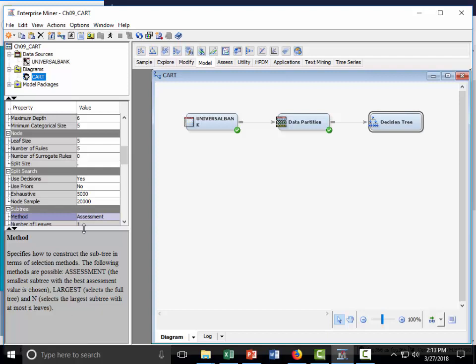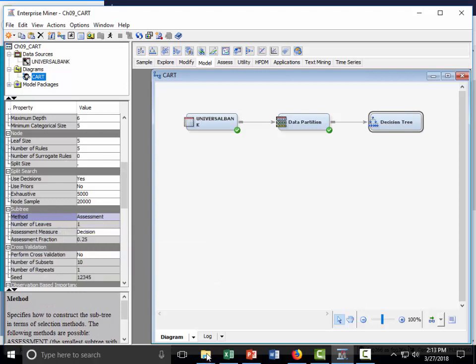Usually you want some kind of assessment to decide where to stop, because you don't want to arbitrarily decide, okay, I want 10 leaves or 15 leaves or whatever. Okay, and the assessment measure, so this is the assessment measure: decision, average squared error, misclassification rate, lift. So these are the possibilities.